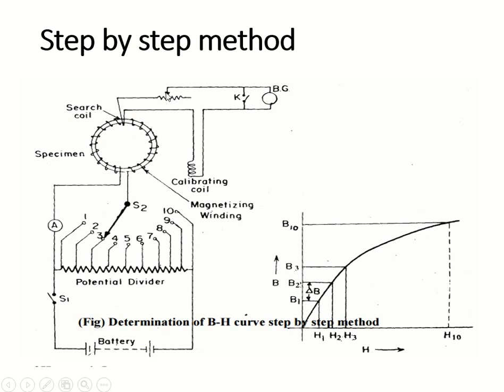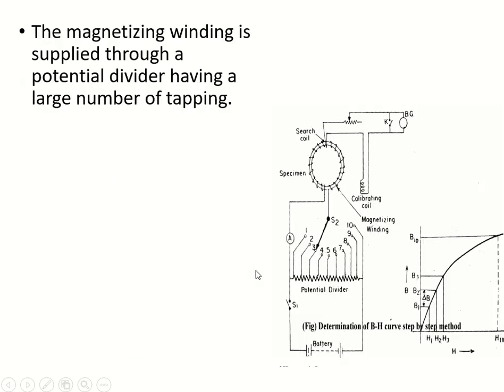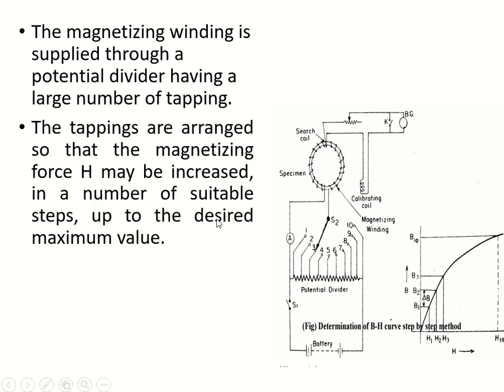A ring specimen with a ballistic galvanometer in parallel with a key. Then, instead of the rheostat arrangement, you are using a potential divider arrangement. The magnetizing winding is supplied through a potential divider having a large number of tappings. The tappings are arranged so that the magnetizing force H may be increased in a suitable number of steps up to the desired maximum value.